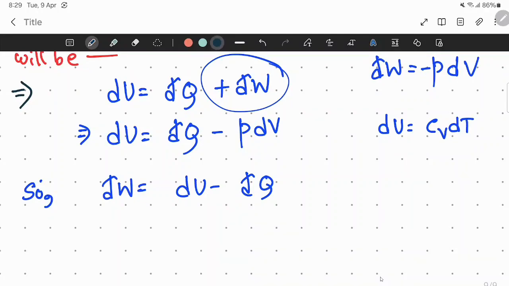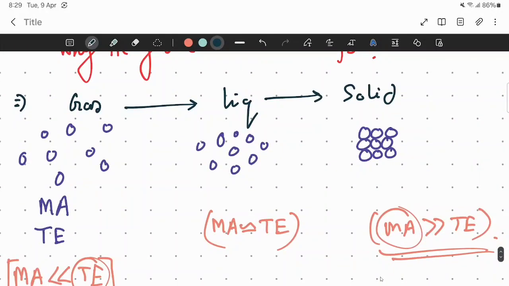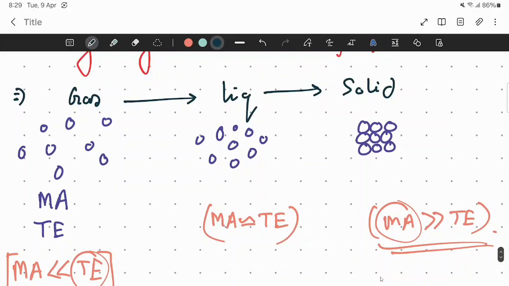Excuse me, sir. Some confusion regarding the last question. If we consider ideal gas in place of helium, can the same thing happen? Exactly. In case of ideal gas, there is no interaction. In helium gas, there may be some interaction because helium gas is an inert gas, close to ideal gas.